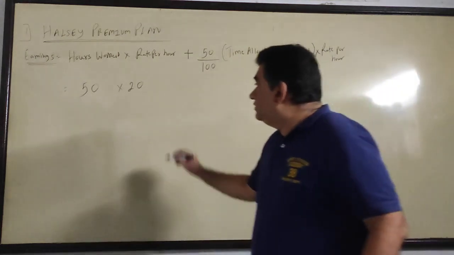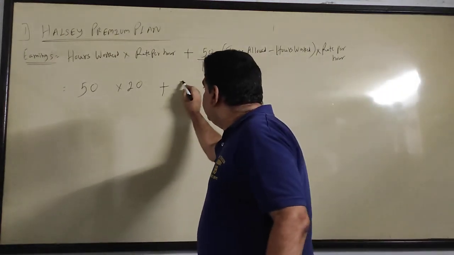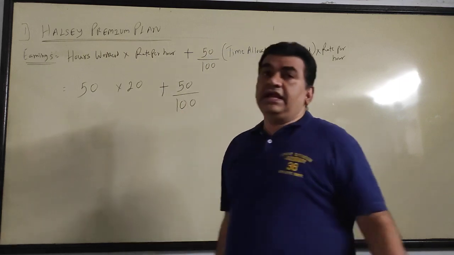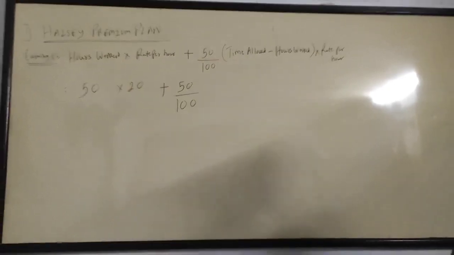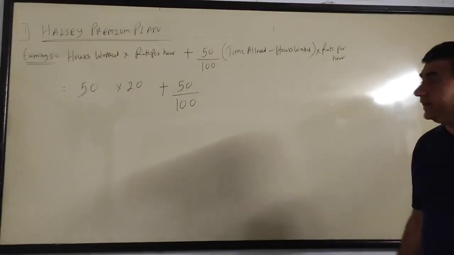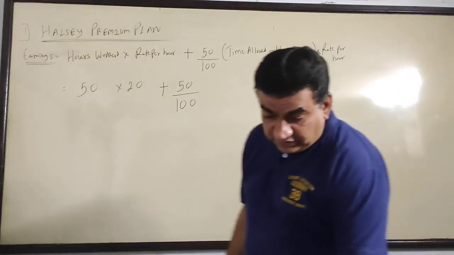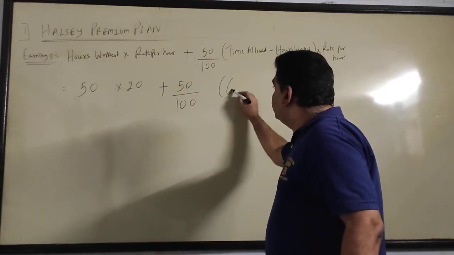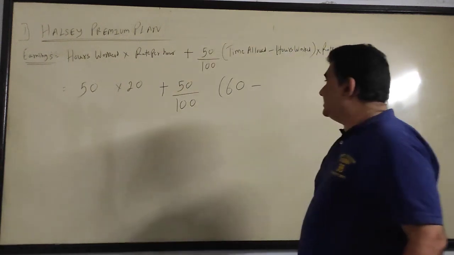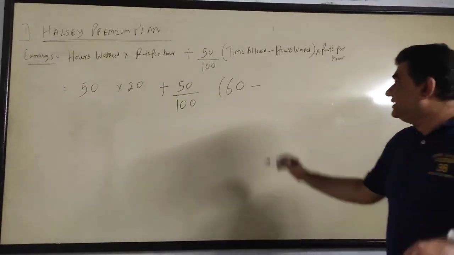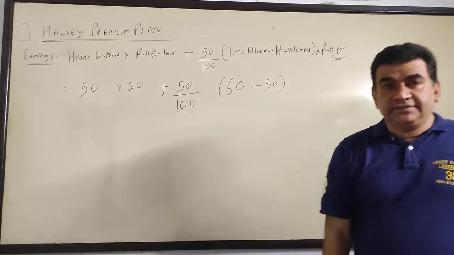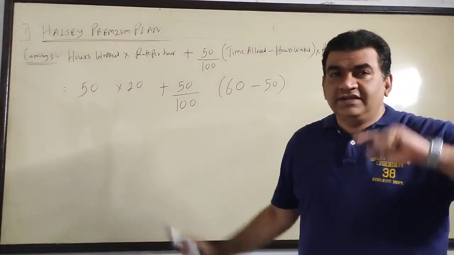Now, plus incentive, 50 upon 100. Time allowed. Now see, what is the time allocated? Time allowed is 60. So put a bracket, 60 minus hours worked, that is 50.